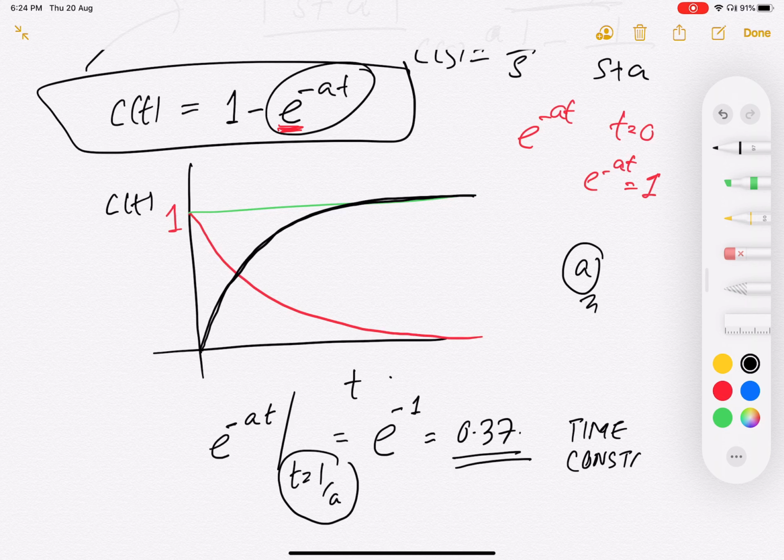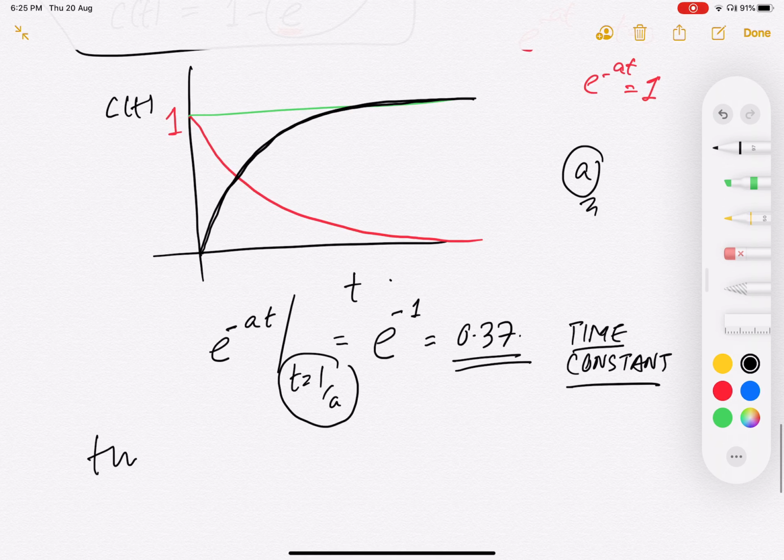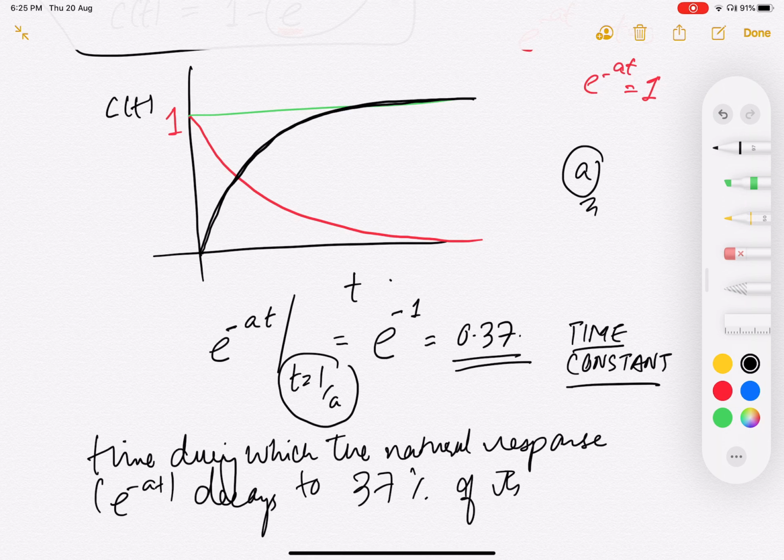So this is called the time constant of the response. The time constant, to define it from this definition, would be the time during which the natural response, which is e to the power minus at, decays to 37% of its initial value.